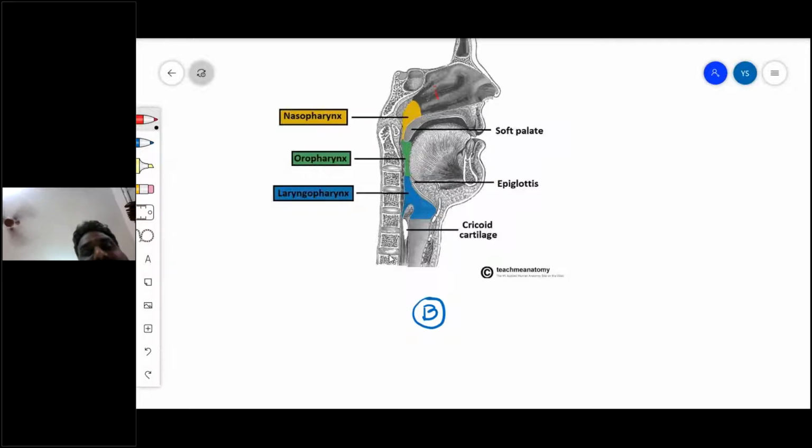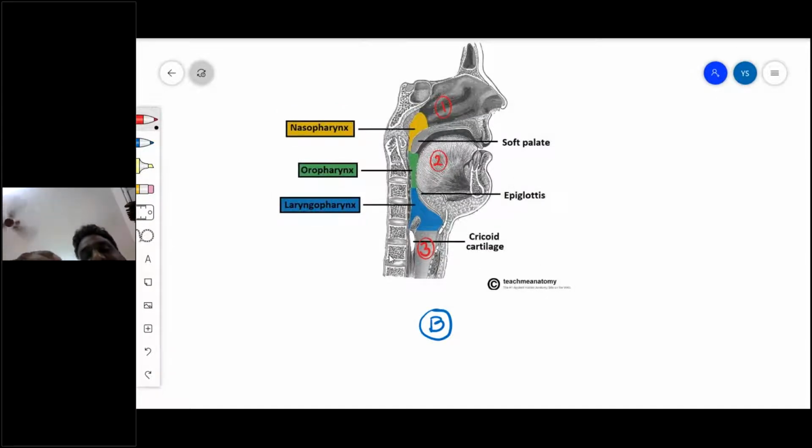With the red arrow I am showing number 1, the nasal cavity, number 2, the oral cavity, and number 3, the larynx. So the pharynx anteriorly communicates with the nasal cavity, oral cavity, and larynx. In the same picture, you see the posterior relations of the pharynx. Posteriorly, it is related to SB, that means the body of the sphenoid bone.